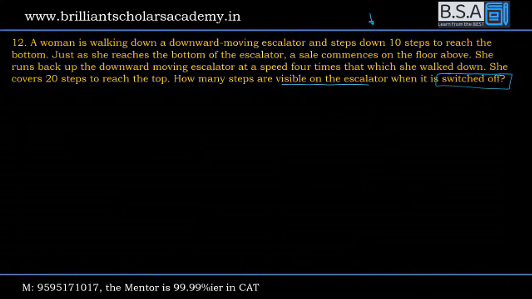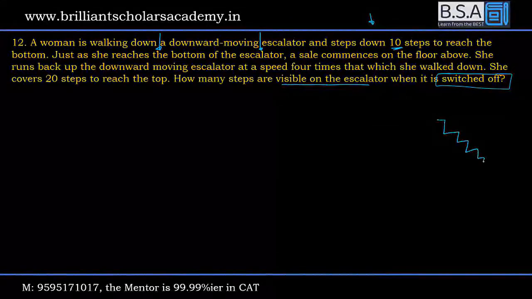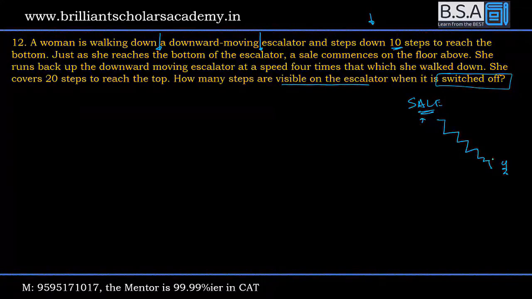So a lot of things going on in the story here. The woman is walking down. The escalator is moving down, and she takes 10 steps. Once the woman reaches the bottom of the escalator, she hears a sale has started at the top. And now she runs. At what speed?